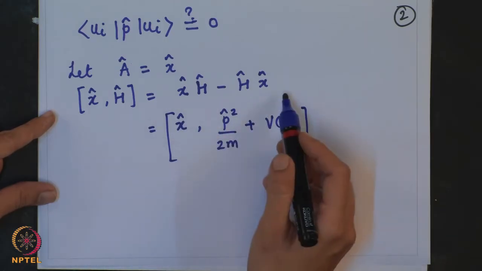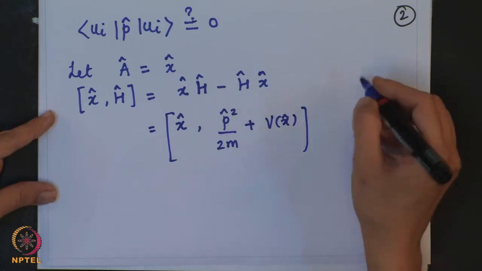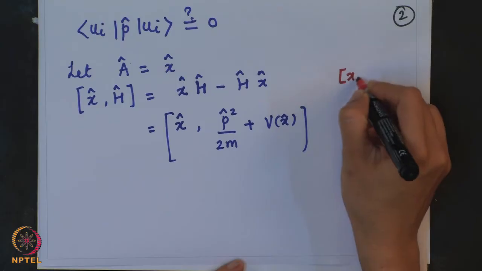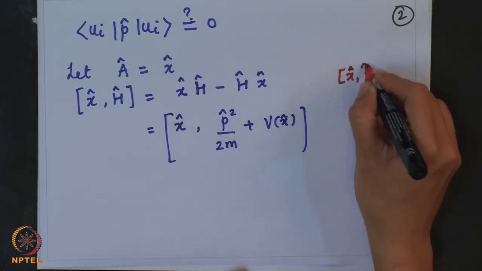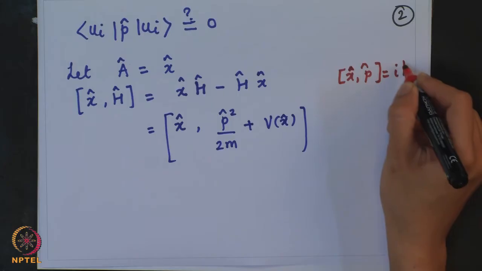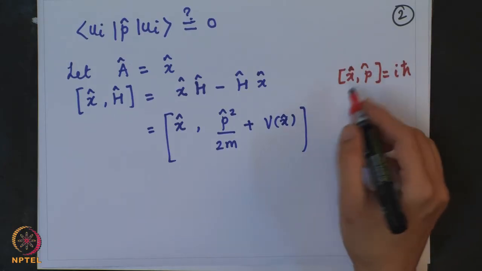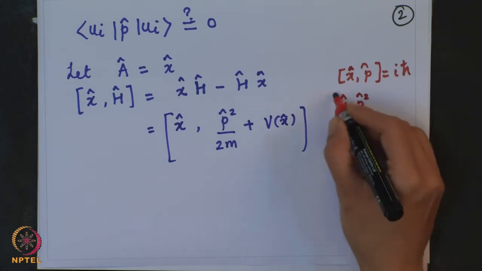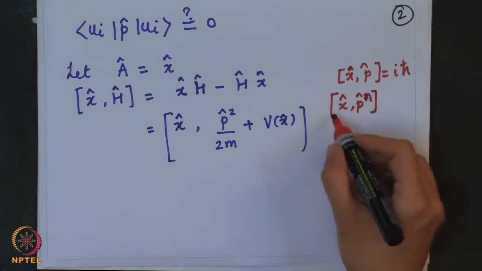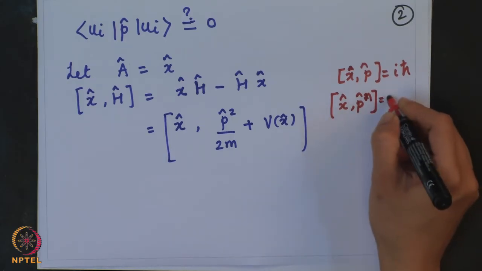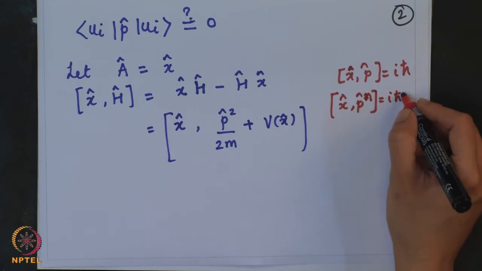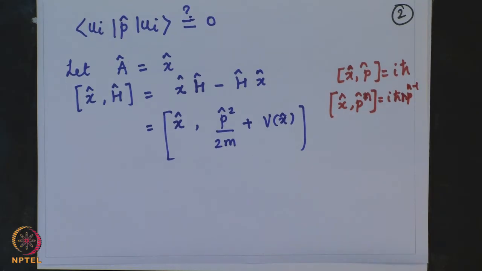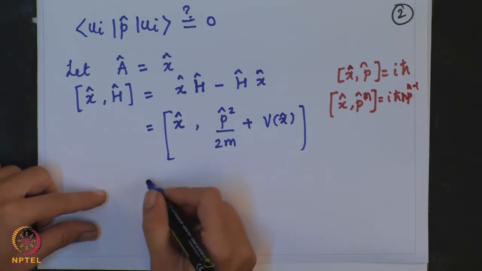Now, you need not do this step directly, and remember you know the commutator of x and p, which is nothing but i h cross. And in the previous question, in question 2, you have seen what the commutator of x and p^n is: it is i h cross n p raised to n minus 1. So, this relation we have seen, right.